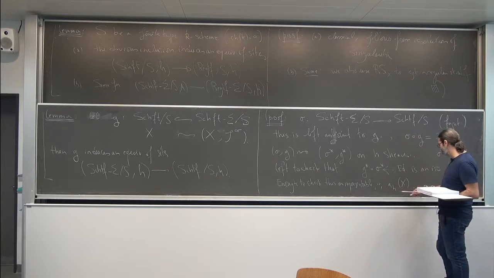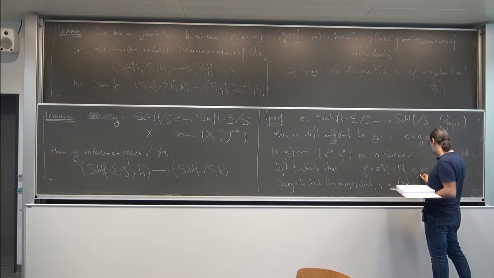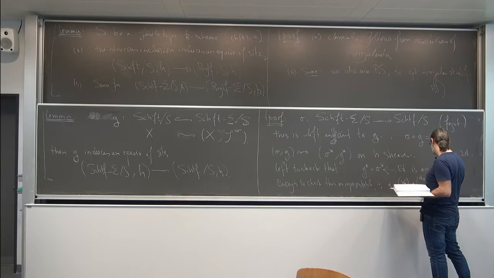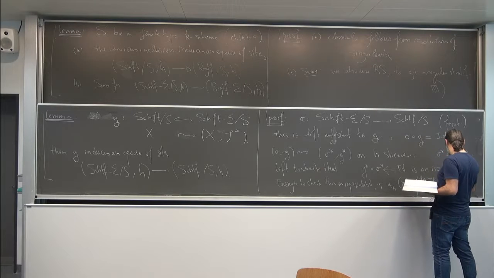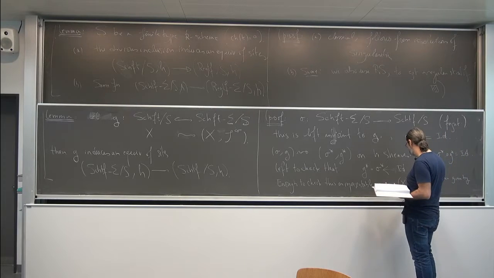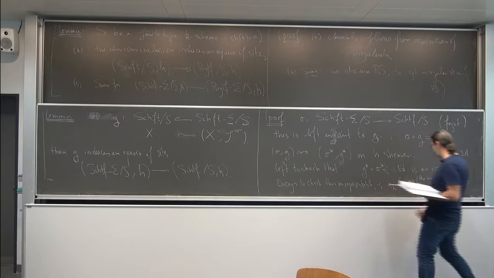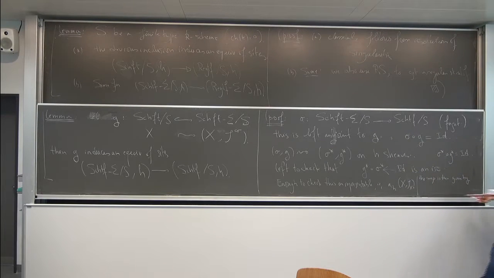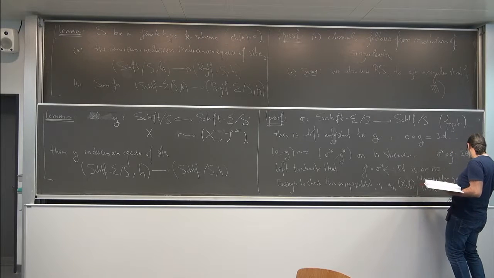But in this case, the map is given by just the obvious map, right?